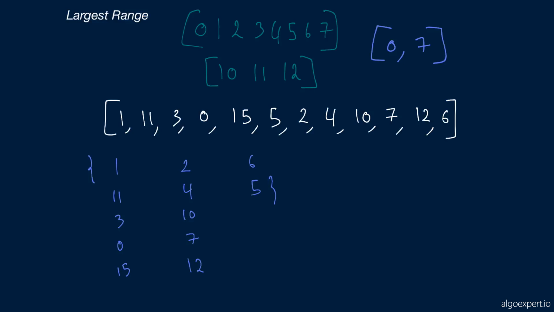So it wouldn't get us anywhere, and we'd be repeating work. If we continue doing that throughout the entire array, at every number contained in this big range we'd be doing the same work. So we'd be iterating through all the numbers a ton of times, and that doesn't seem optimal at all.